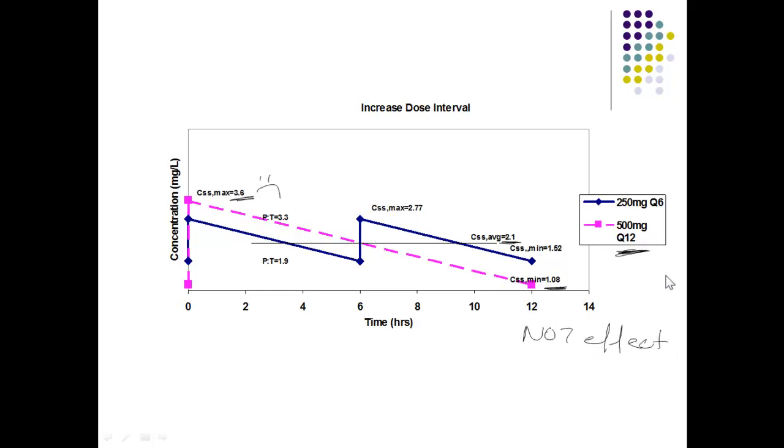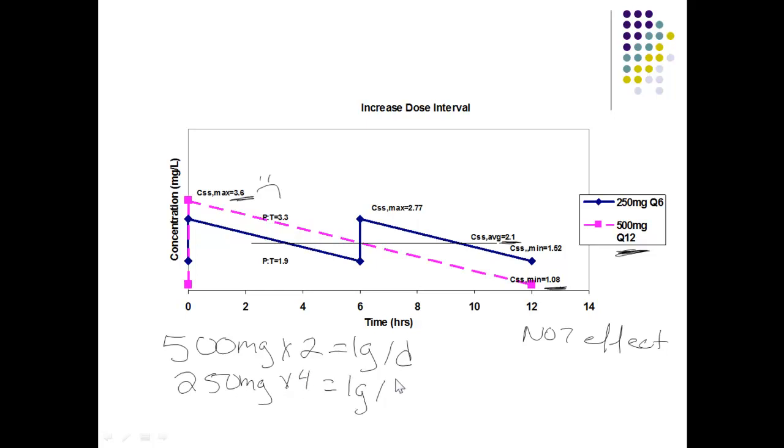What we can do is not change the dose rate, but increase the frequency that a patient is getting the medication to adjust that. And we'll go over here. And remember, the patient is getting 500 milligrams twice a day, which equals 1 gram a day. Now, if we switch that to 250 milligrams every 6 hours, they're now getting it 4 times a day, which is still 1 gram a day.